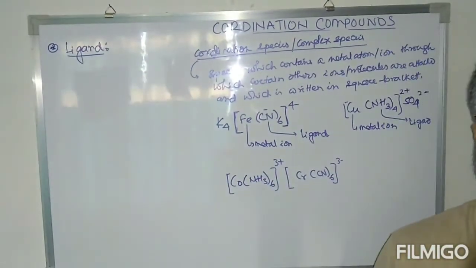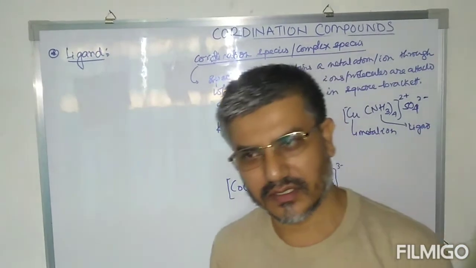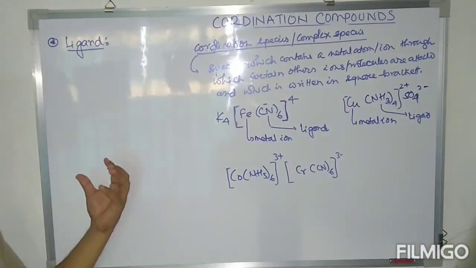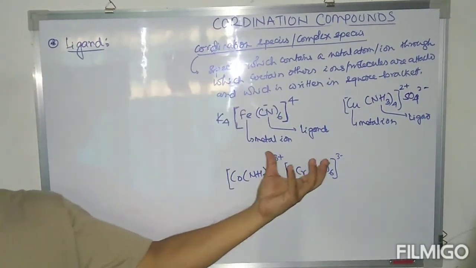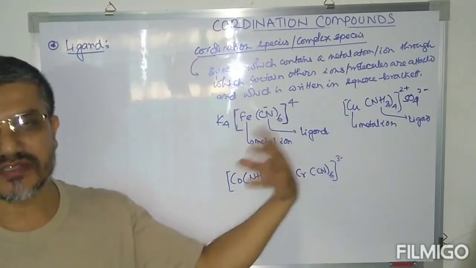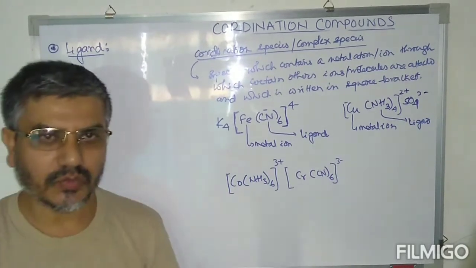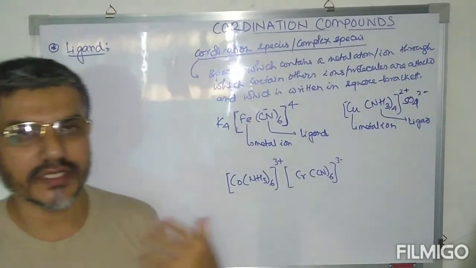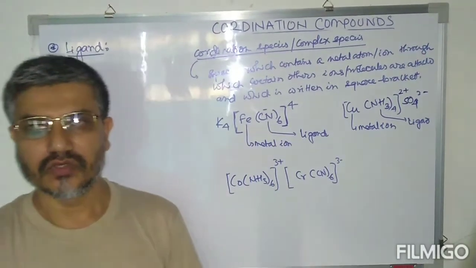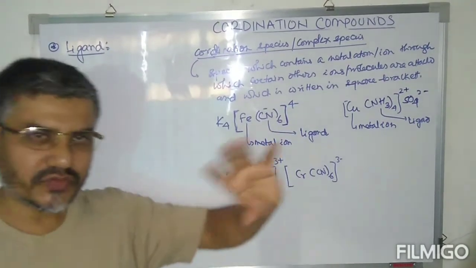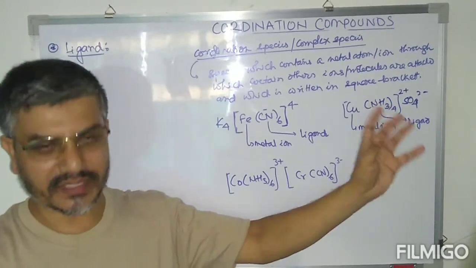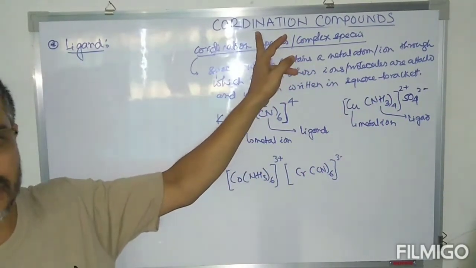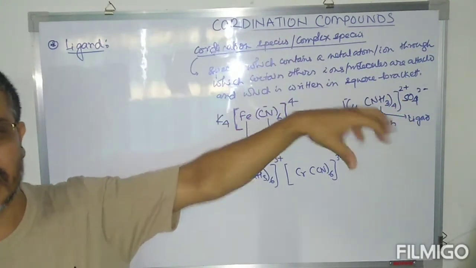Ligands are those species which donate a pair of electrons to the central metal atom or metal ion, and are bonded to the central metal or metal ion through a coordinate or dative bond. Since the bond between the metal and the ligand is a dative or coordination bond, these are known as coordination compounds.